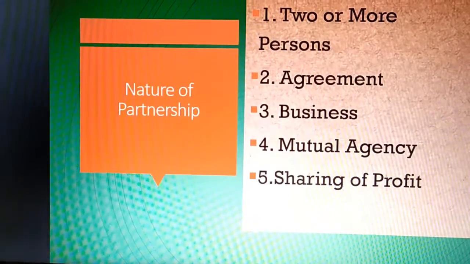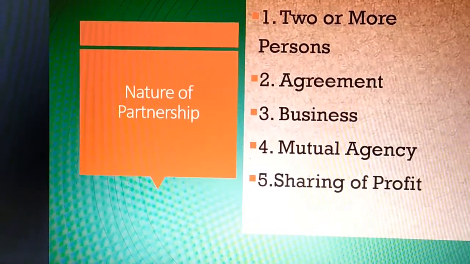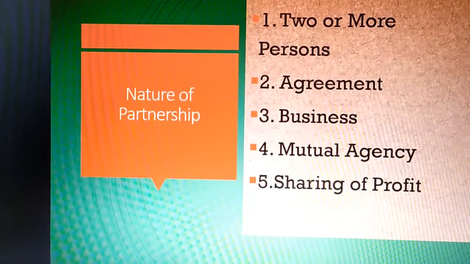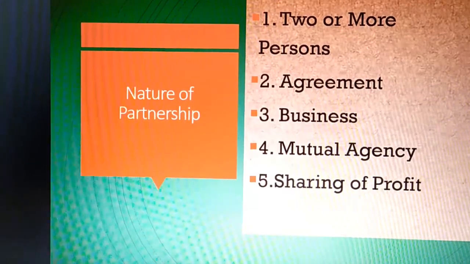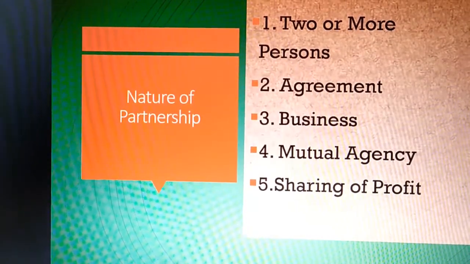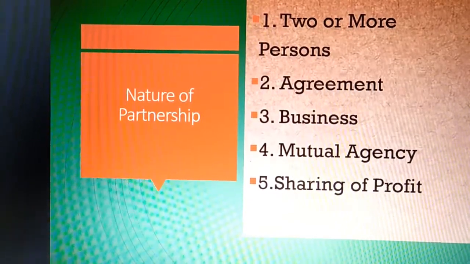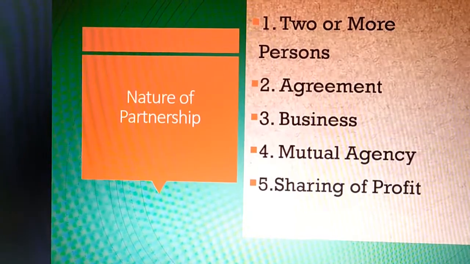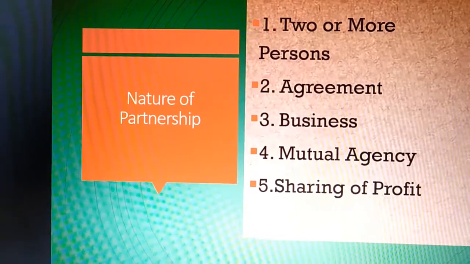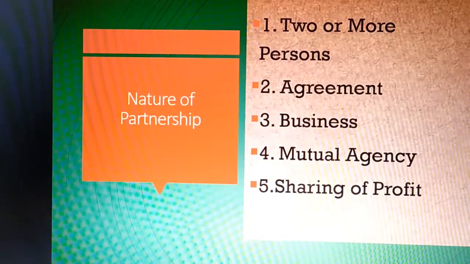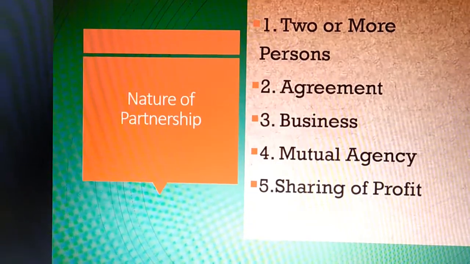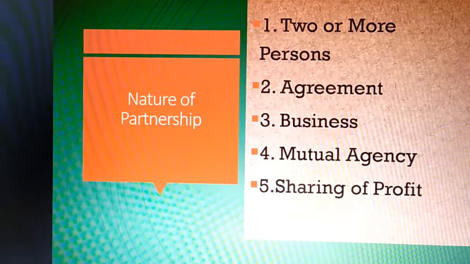And this is another feature of partnership, that is, partners are agents as well as principals. Each of them acts for the firm, and because of each of them the firm has been formed. They are agents, they are liable for the firm, and at the same time the firm also has a binding on them.